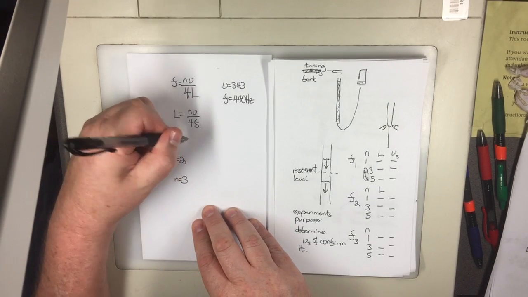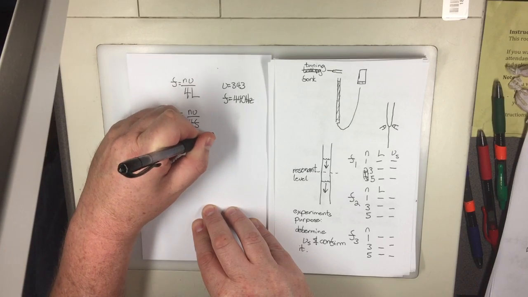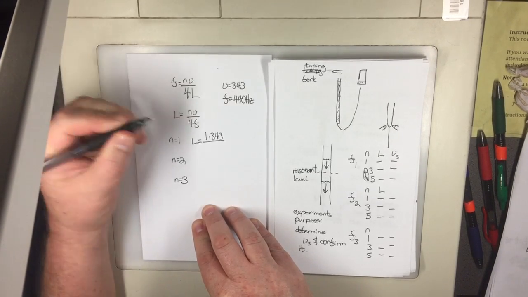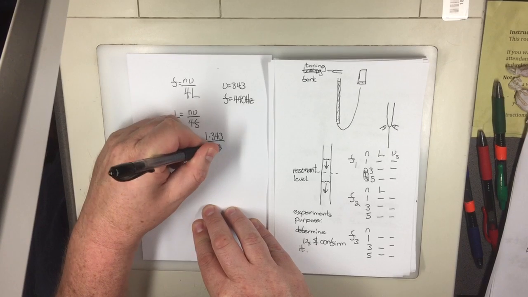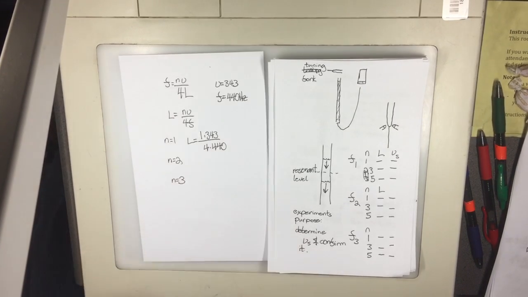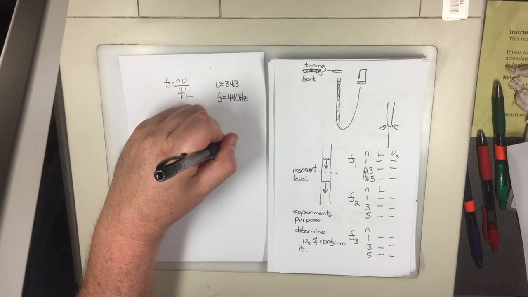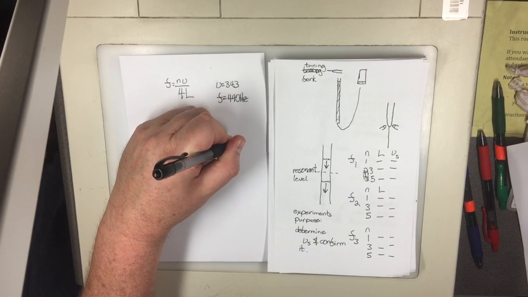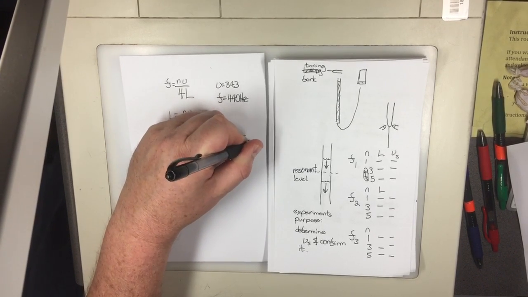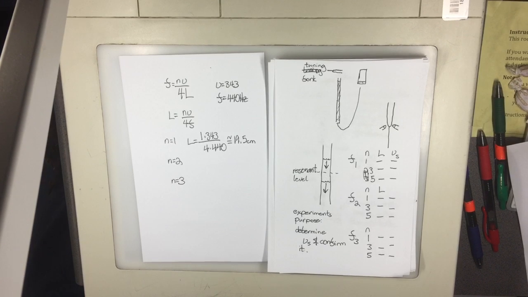So for n equals 1, L is 1 times 343 over 4 times 440. Now for the other tuning forks, you replace 440 with whatever they give you. And you get 19.5 centimeters. The tube itself will be measured in centimeters. Now, when you do your calculations, you'll keep it in meters.